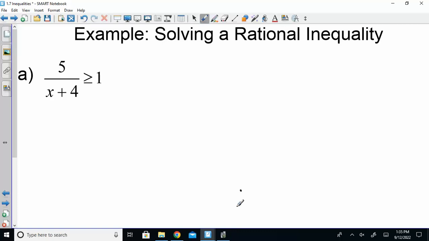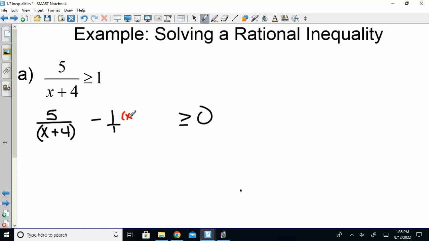So here's what we're going to do instead. We are going to try to get a single fraction and then 0 on the other side. So I'm going to first subtract this 1 over. This is just like 1 over 1. If you wanted a common denominator, it has to have x plus 4, right?